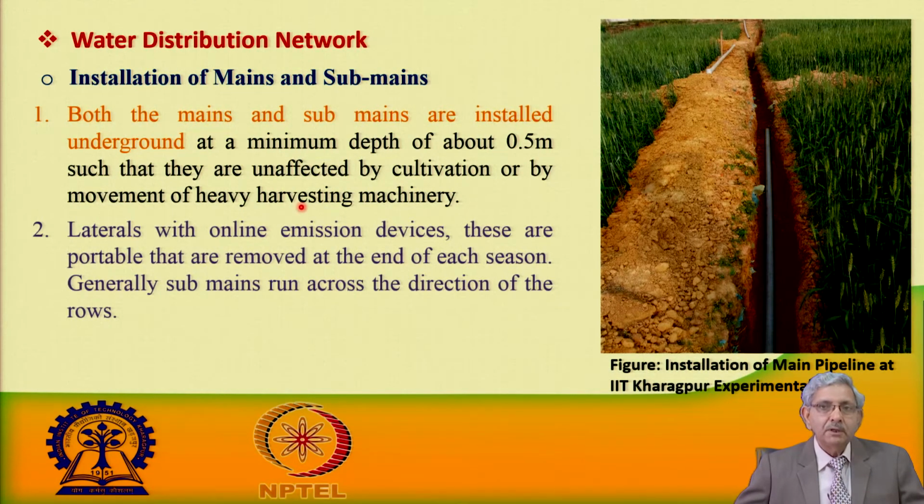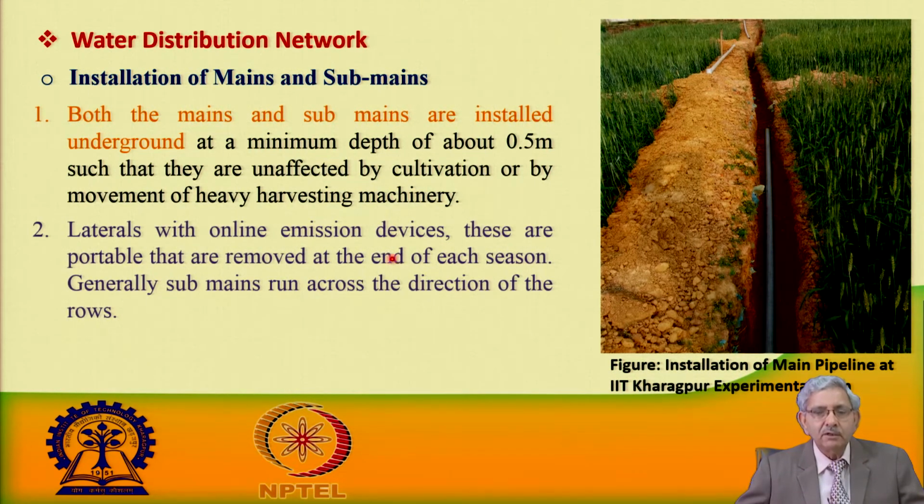Here what you see is the water distribution network. Here we see the installation of the main pipeline and sub main pipeline. Both the main and sub mains are installed below the ground level at a minimum depth of about 0.5 meter, and they are unaffected by cultivation or by the movement of heavy harvesting or any other intercultural operation machinery.